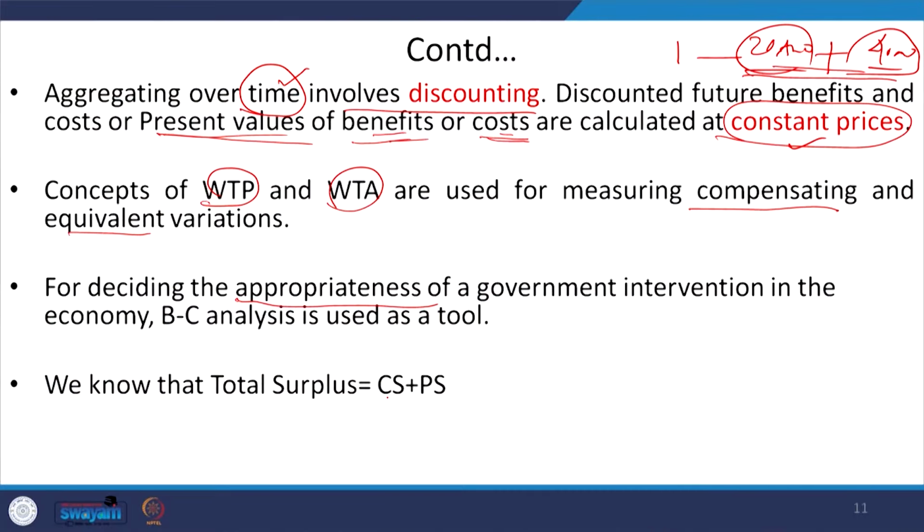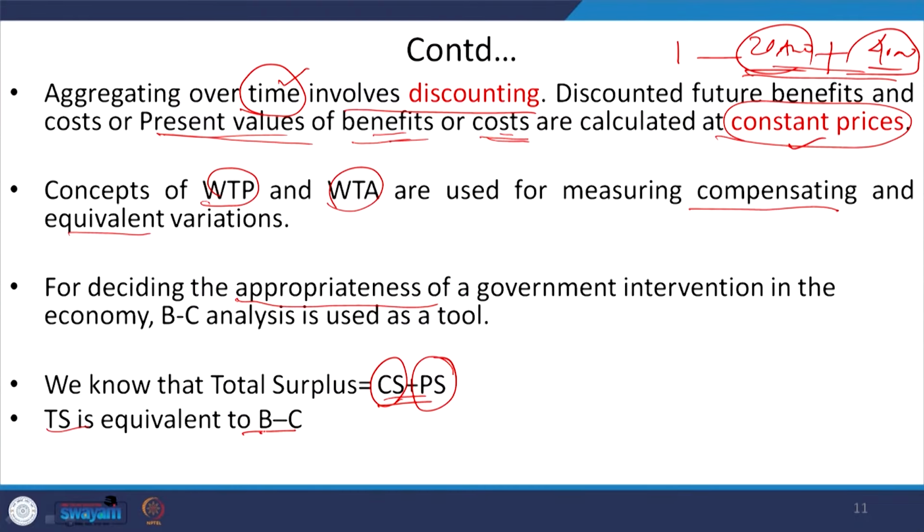And when we say that in benefit cost analysis we need to maximize the net benefits, we are saying the net benefits in terms of the summation of consumer surplus and producer's surplus. When the total surplus is maximized, you can say that the net benefits are maximized. This total surplus is nothing but the net benefits, that is, total benefits minus total cost.